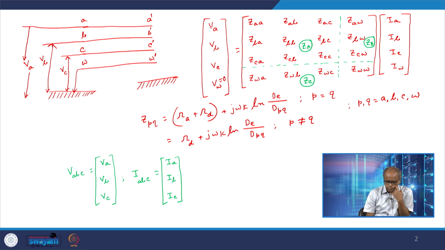So I partition these vectors and the matrices.